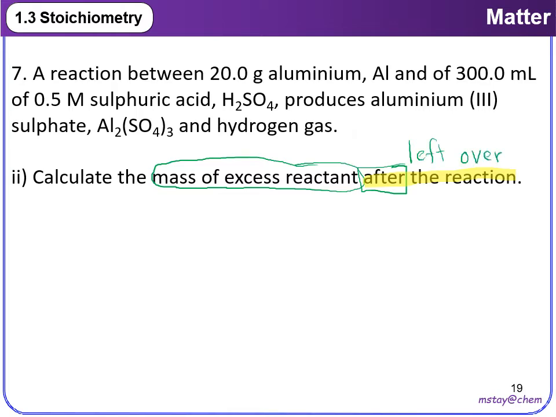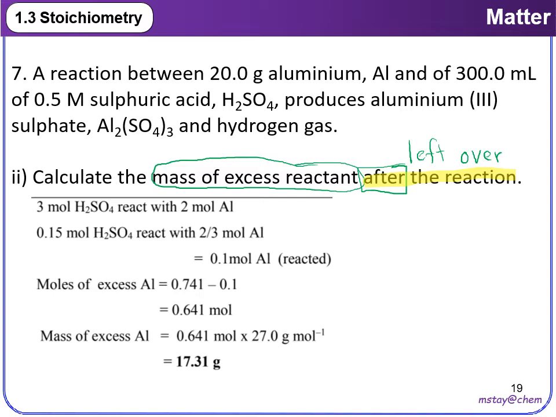So again, after we determine the limiting reactant, we always compare the limiting reactant with the substance that the question wants us to determine. So in this case, we are going to compare the limiting reactant sulfuric acid with the aluminium, because the question only has two reactants. If sulfuric acid is the limiting, then automatically aluminium will be the excess reactant.